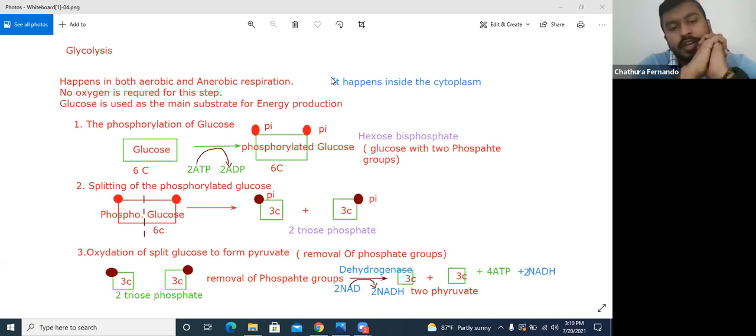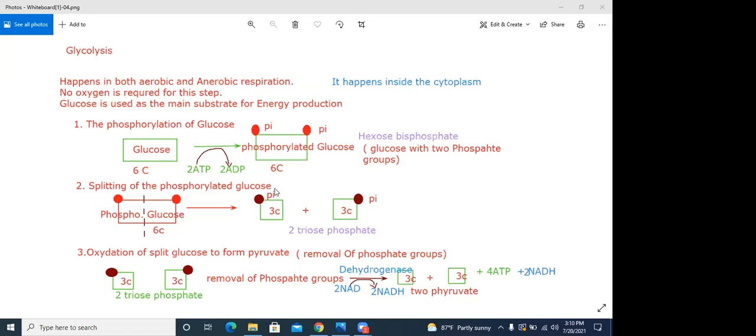Because it has 6 carbons, and bisphosphate because it has 2 phosphate groups. Okay. Then in this process, for glucose to bind with 2 phosphate groups, it needs 2 ATPs. So we have to spend 2 ATPs in this process. First step. Okay. Now the hexose bisphosphate is produced. Now, the second step is splitting the phosphorylated glucose.